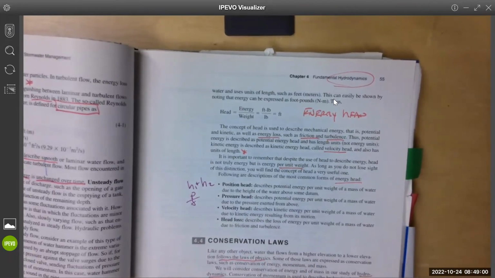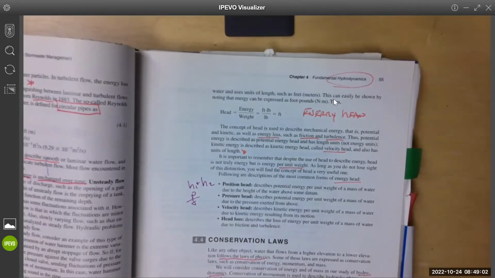And then head loss is kind of a frictional loss or turbulence. So if this was too fast in this pipe area here, then we lose energy due to friction or turbulence. If it was turbulent, then we're just eating some of our energy. If it was a really rough pipe and a really long pipe, then we're going to lose some due to friction.